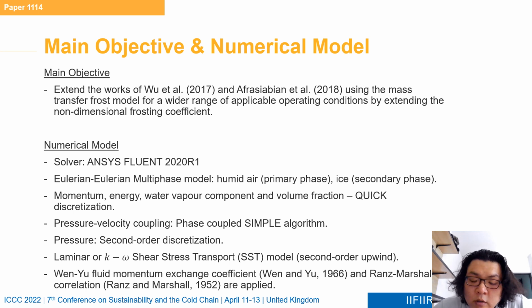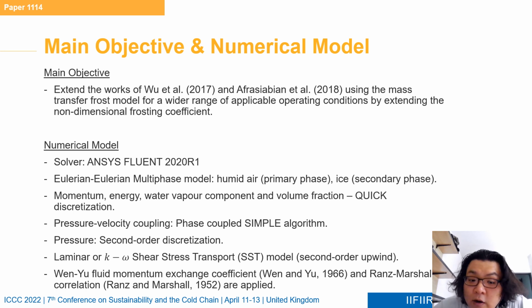For the numerical model, the solver ANSYS Fluent 2020 R1 was used with the Eulerian-Eulerian multiphase model, with the primary phase being humid air and the secondary phase being ice. Momentum, energy, water vapor component, and volume fraction equations were discretized by the QUICK method, while the pressure-velocity coupling was done by the phase coupled SIMPLE algorithm.